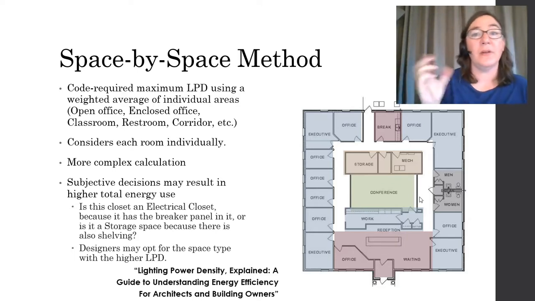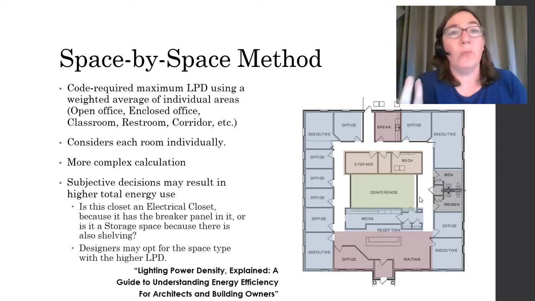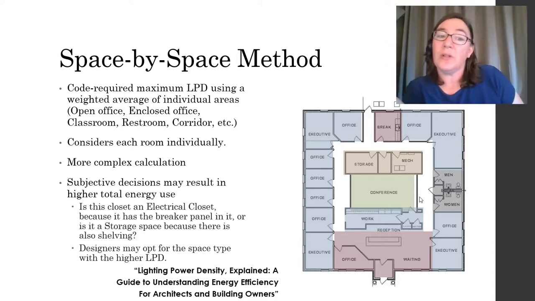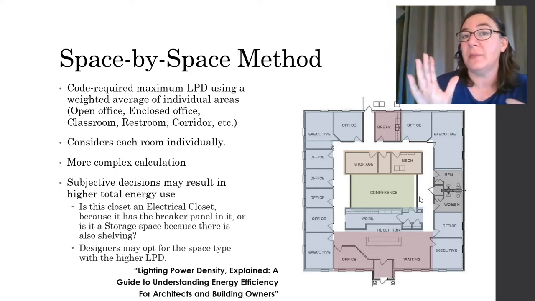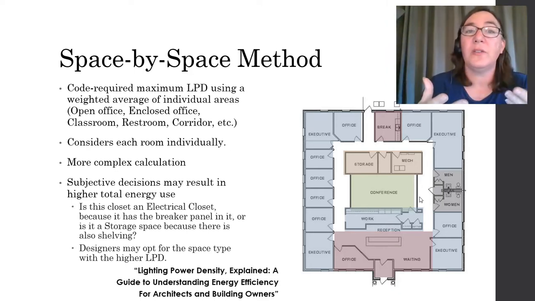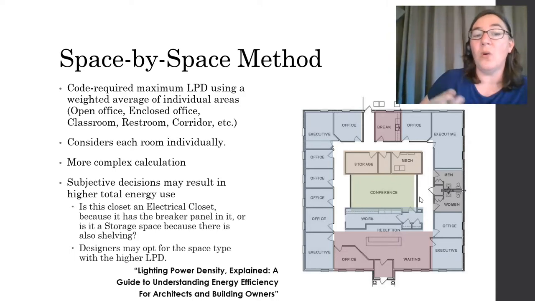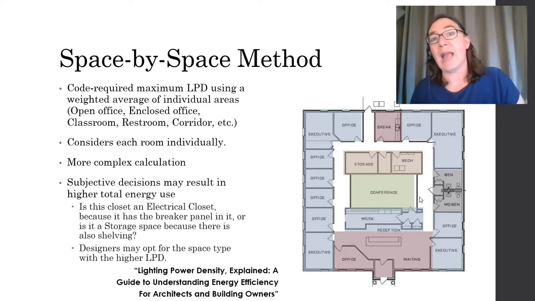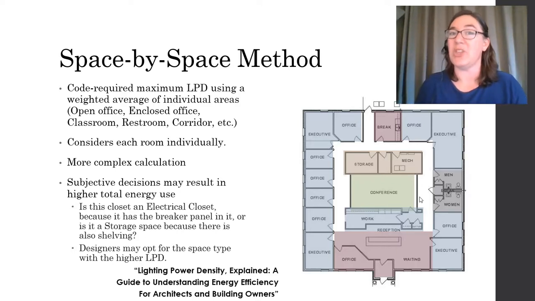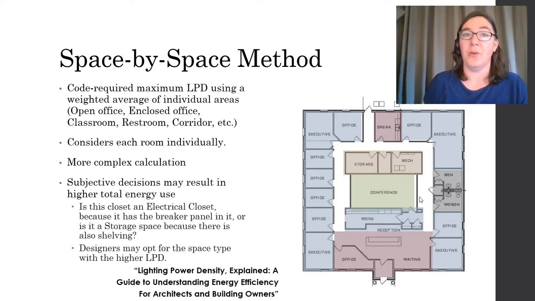For example, you're looking at a particular room. Is it an electrical closet or is it a storage space? That's a little bit subjective, right? And so if designers always opt for the higher lighting power density space, you could end up with higher total building energy usage under the code.